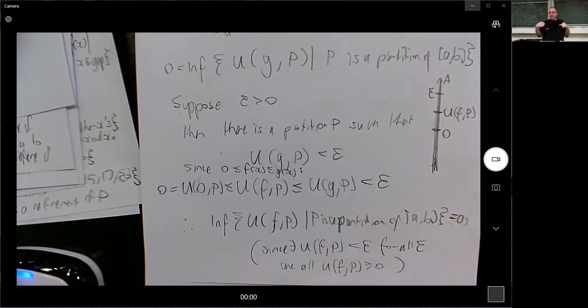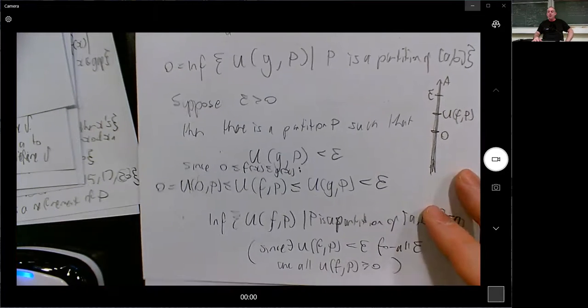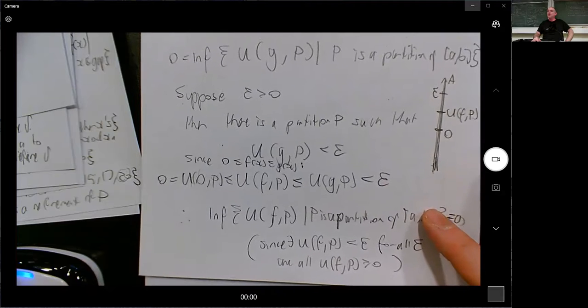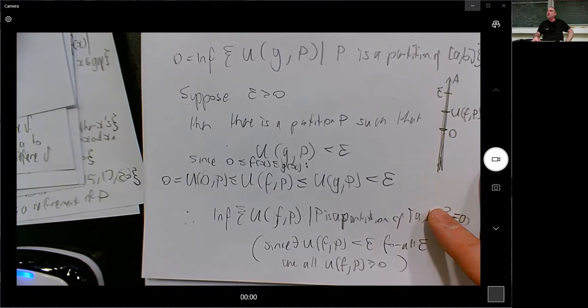Not that that proves the integrability of it. We need to show that the lower sum, the supremum of the lower sums, is also 0.